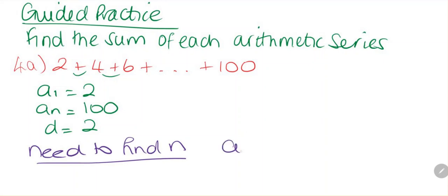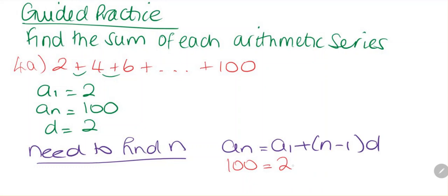So we're going to use the formula a_n equals a1 plus n minus 1 times d. And if we substitute in the values, we know that the last term is 100, and a1 is 2, n we don't know, we need to find, minus 1, and then d, the common difference, is 2.